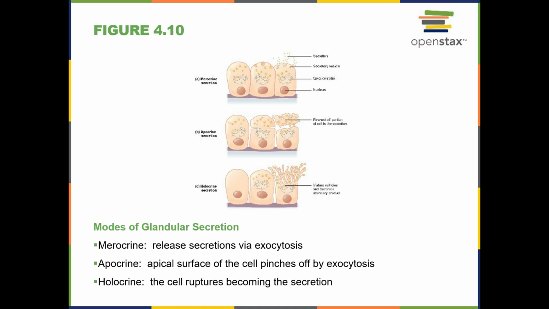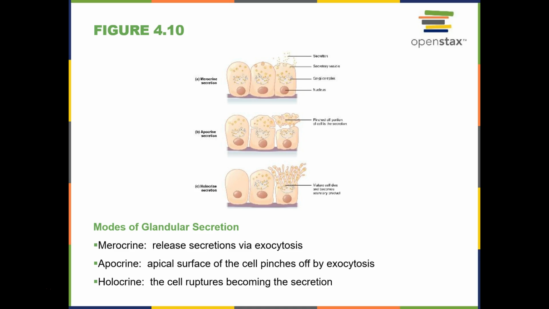Apocrine secretion is a form of exocytosis, but the material binds to the apical surface of the cell, and then the entire apical surface of the cell pinches off. So a portion of the cell is lost in the secretion.